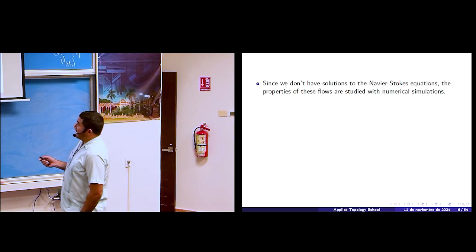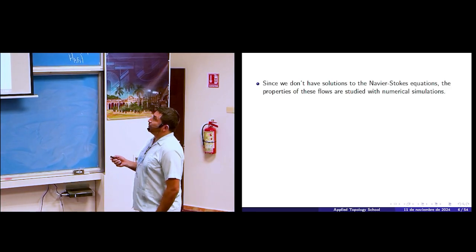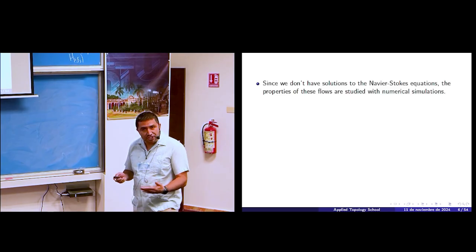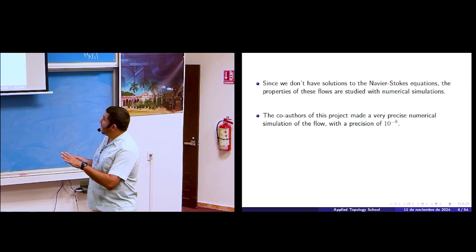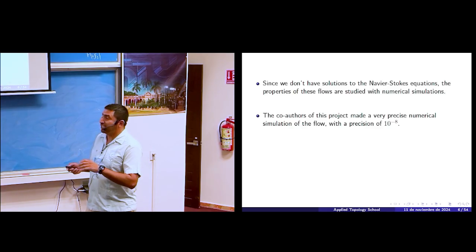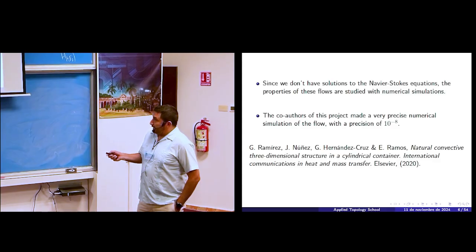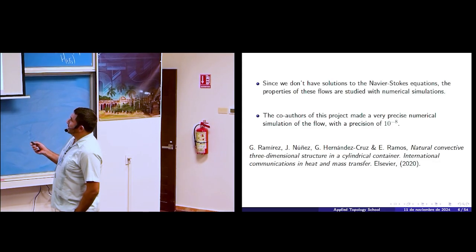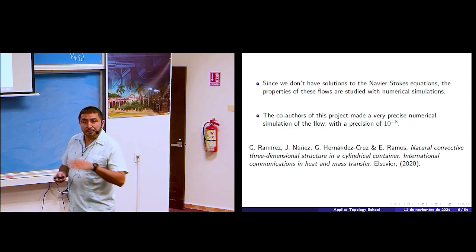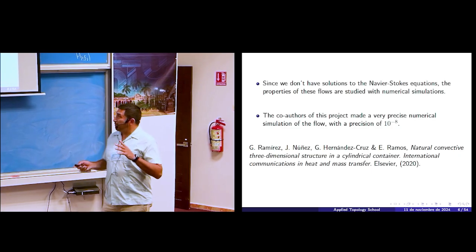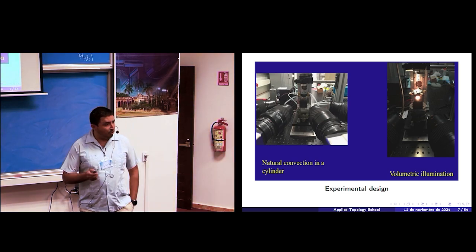Since we don't have solutions of the Navier-Stokes equations, the properties of this flow are studied with numerical simulations. The co-authors of this project made a very precise numerical simulation of the flow with a precision of 10 to the minus 8. In this article, they published this numerical simulation comparing with some experiments made in Holland.